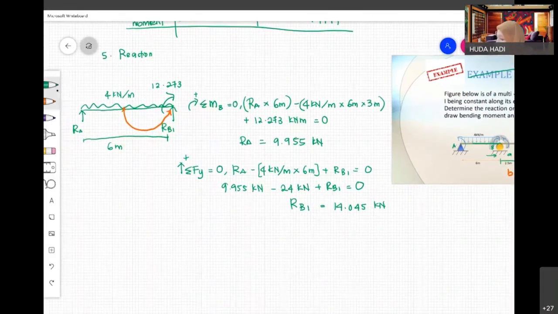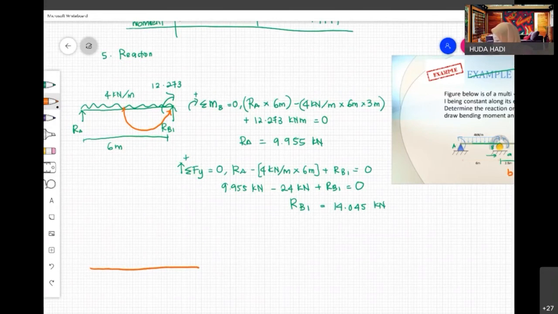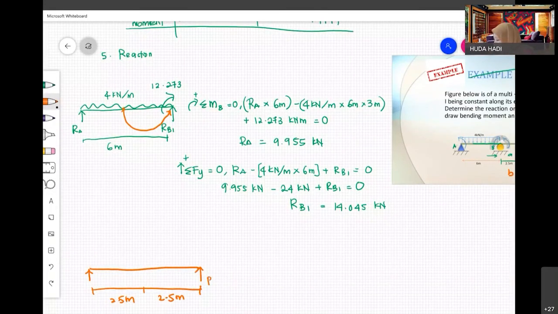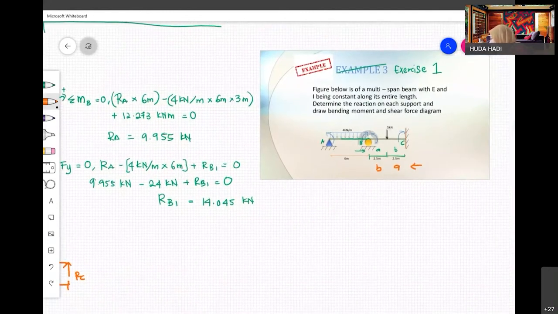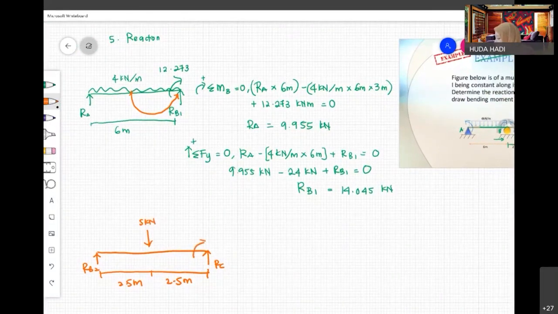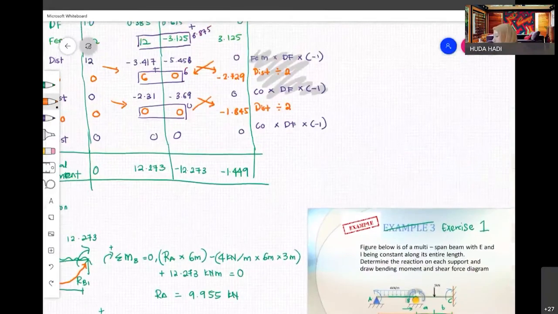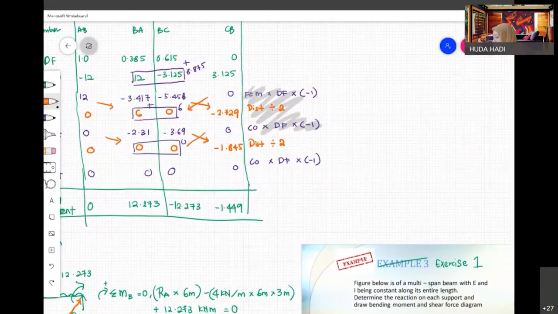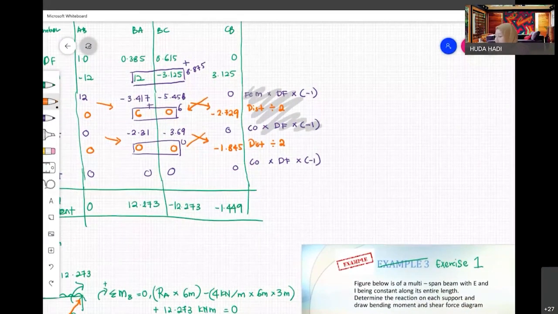Next we do for beam BC. 5 meter, RC, RB2. Berapa value dia? 5 kilonewton. This one. Okay, so kalau you tengok dekat sini, you dapat value moment ni negatif.